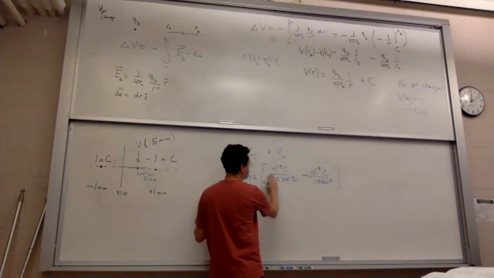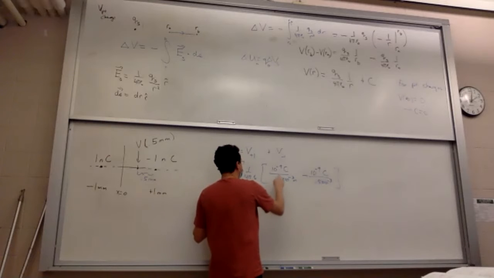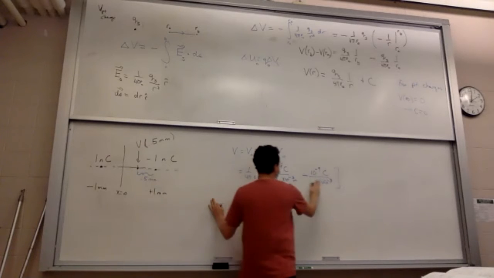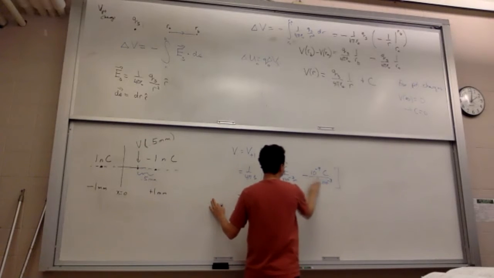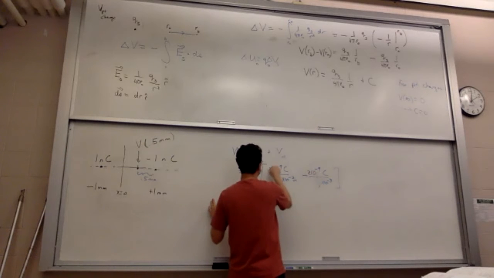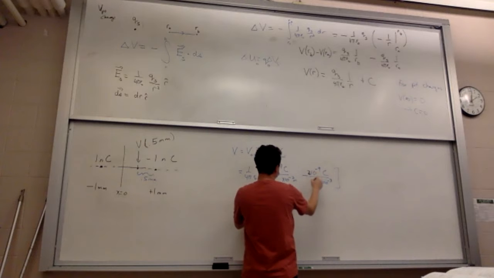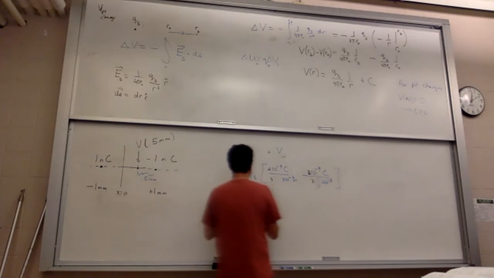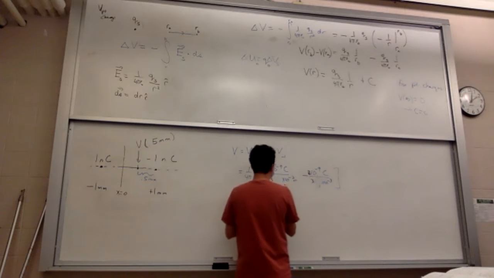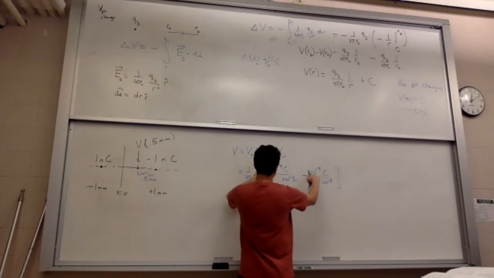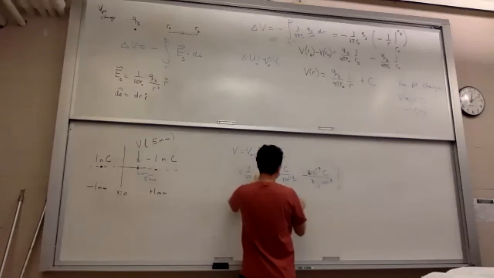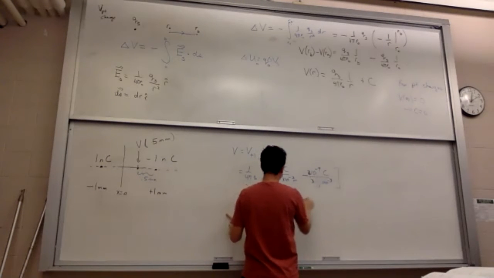All right, so let me write that as 3 halves, like Billy did. This is 1 half, update everything to 2 thirds. That is 6 thirds. So I'm going to get 9 over 3, times negative 4 times 10 to the 3.